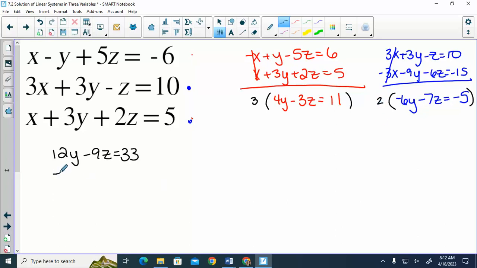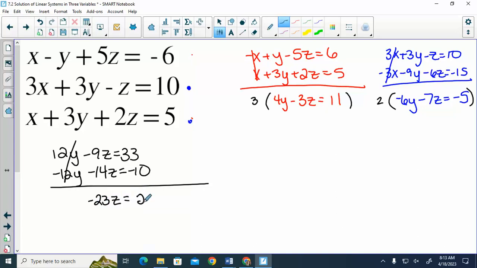So this one times 2. So those drop. -9 and -14 is -23. +33 and -10 is +23. Divide, so z is -1.